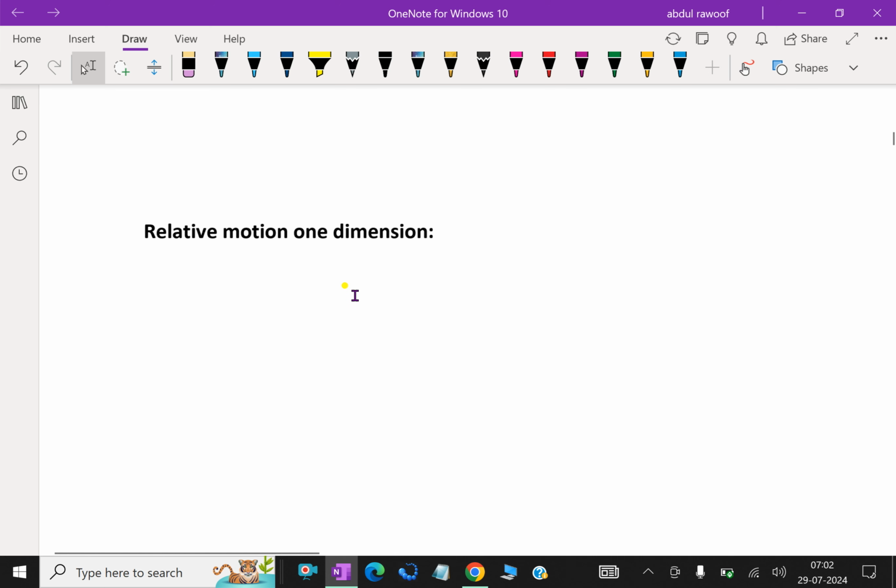Next one, relative motion in one dimension. What is relative motion? Relative motion is the motion of a body with respect to another body, called relative velocity.